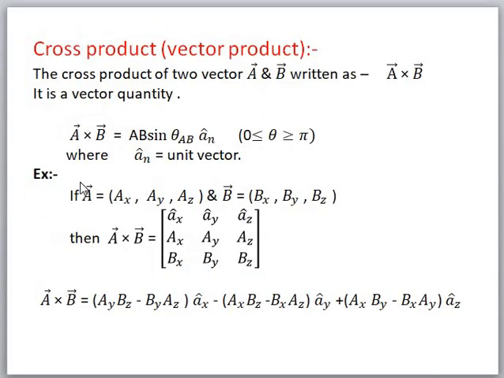Now let's see the second multiplication. The second multiplication is cross product, also called vector product.